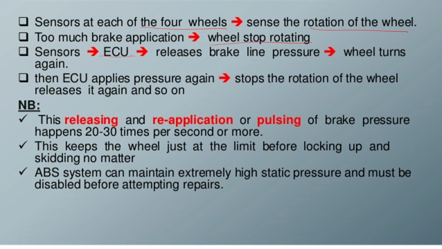The ECU comes into action, it releases the brake line pressure, and then the wheel turns again, and then the ECU applies the pressure again and stops the rotation of the wheel, releases and goes on and on. So, this release of the brake pressure and reapplication, the so-called pulsing of the brake pressure, happens 20 to 30 times per second. You can imagine how fast this is happening. So, this is what an anti-lock braking system does.